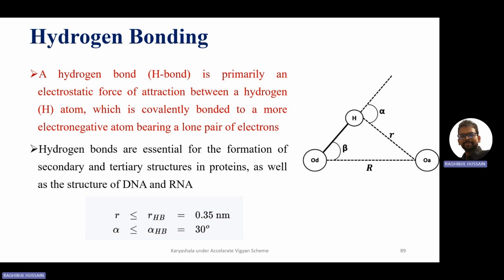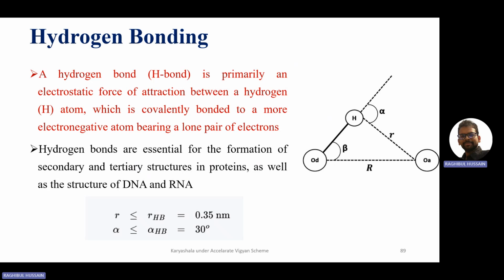So here you can see that even the hydrogen bonding can be measured with respect to the RDF, but again specialized packages are available in the GROMACS to compute the hydrogen bonding.